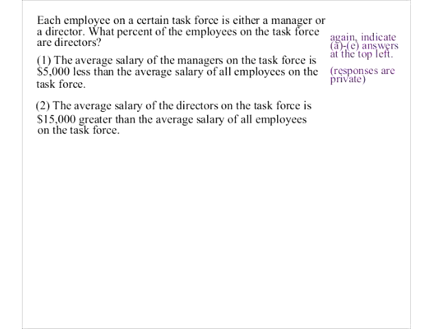So one takeaway here, if you don't realize it, in a data sufficiency problem, this is the same thing as asking for the ratio of managers to directors, or for the fraction of directors, or for the percent, or whatever. Because any of those you can get from any of the other ones.